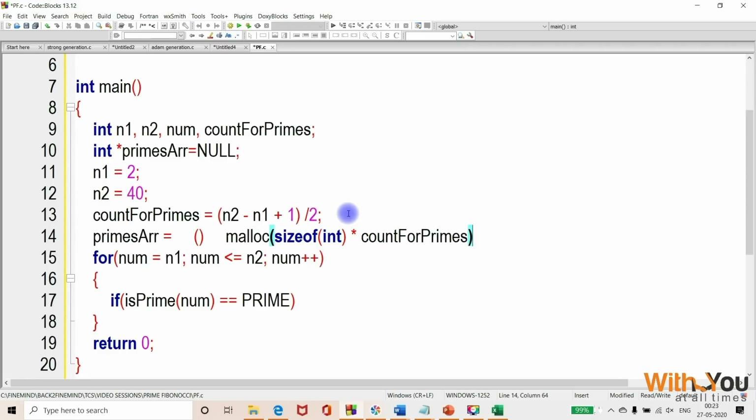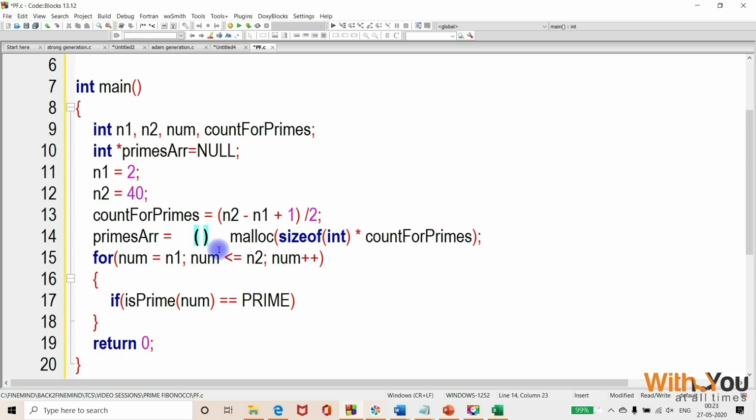Good. And why have you left one parenthesis over here? Because malloc is going to tell me where the allocation is done, in which address you can use. And that address, he does not know the type of.